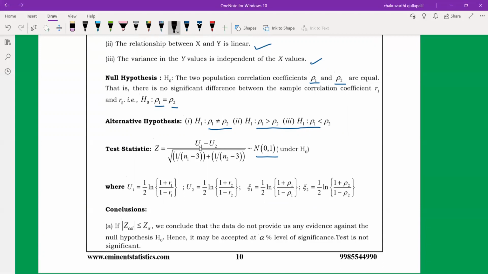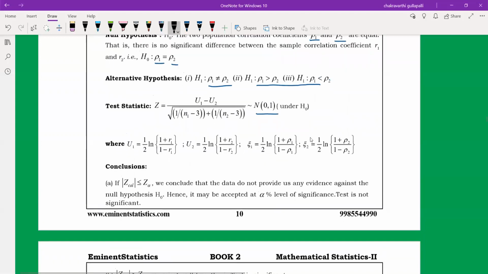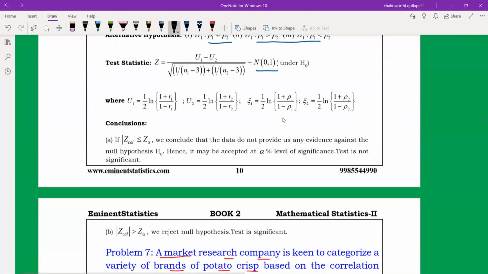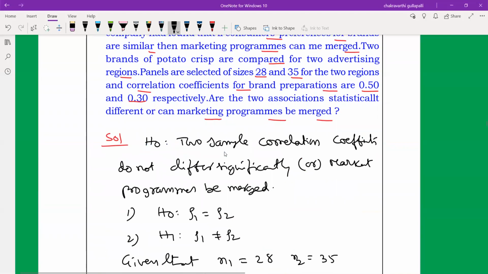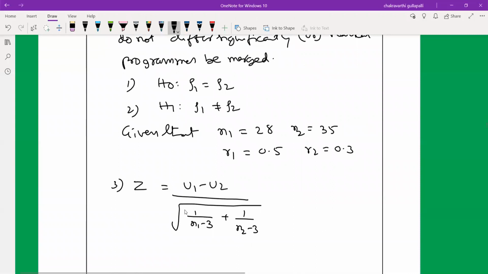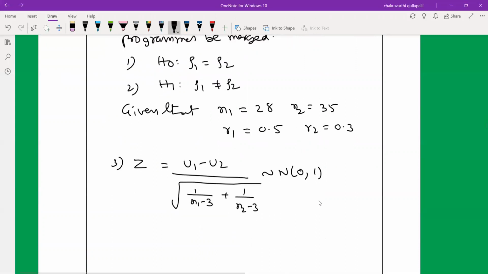So expectation of Xi1 minus Xi2 is 0, since expectation of Xi1 equals expectation of Xi2. There is no need to calculate Xi1 and Xi2. So under H naught this test statistic is prepared, and Z follows a normal distribution in the large case, a standard normal variate.